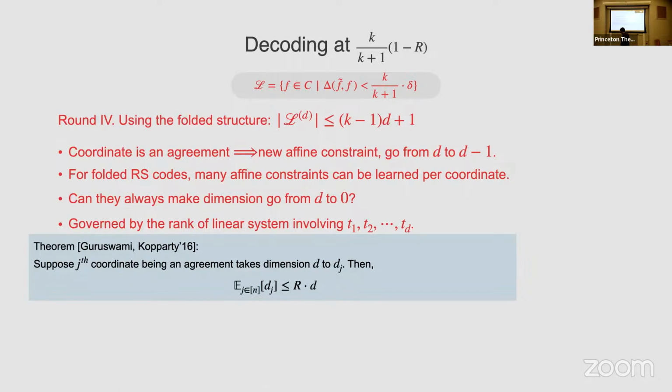This was a result proved already by Guruswami and Kopparty in a different context, where they say, let's say the jth coordinate being an agreement takes dimension d to d_j, then on average we can say that this dimension is going to be small. Might not be true for every j, but overall this is going to be like a constant fraction small.